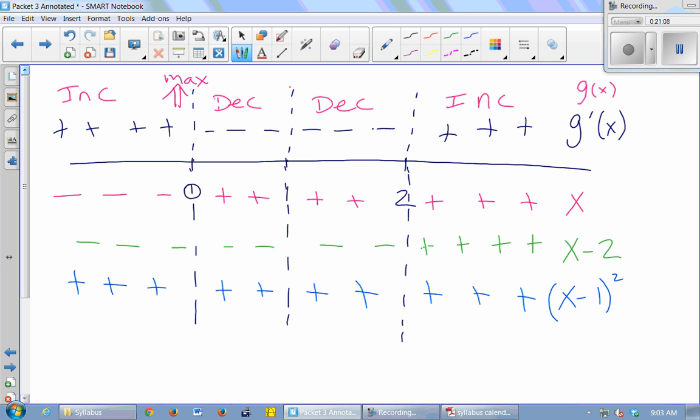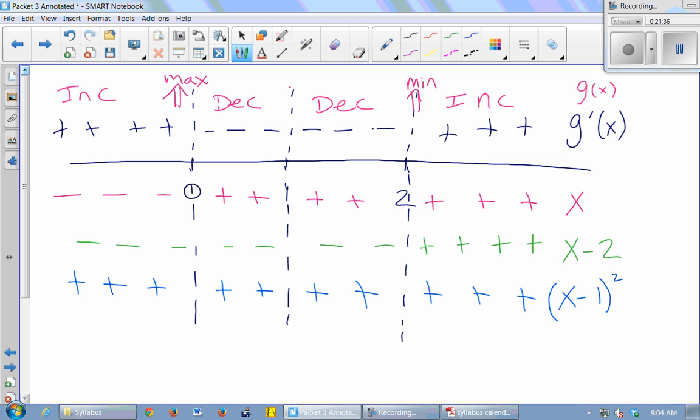So I'm not going to put anything there. And then at x equals 2, we switch from decreasing to increasing, which means we have a relative min. So we have identified the local extremes of G. We found a maximum point at x equals 0 and a minimum point at x equals 2.